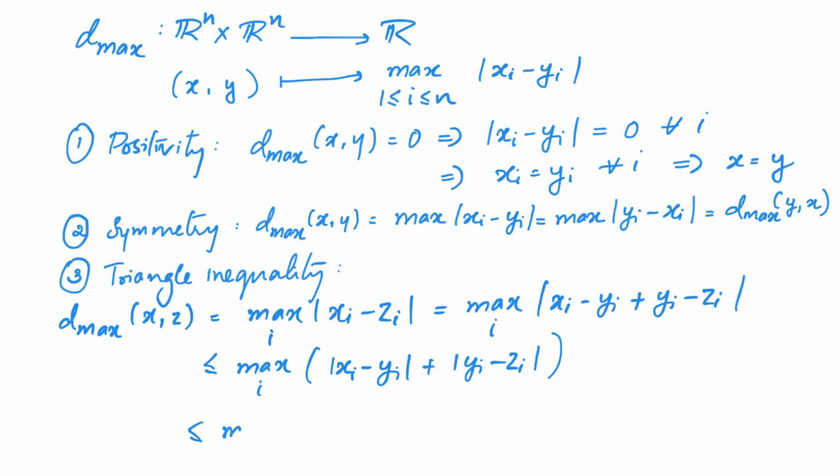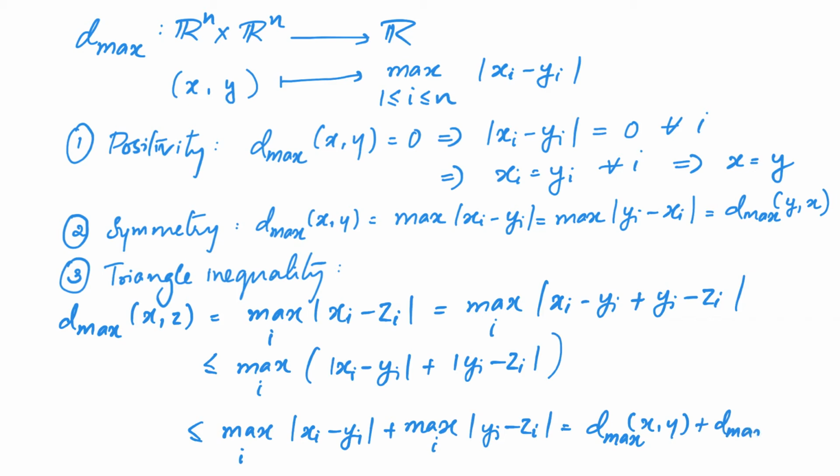Notice that if you take the maximum of |xi − yi| and the maximum of |yi − zi| and sum them, this will be greater than or equal to |xi − yi| + |yi − zi|. Thus, the maximum of |xi − yi| plus the maximum of |yi − zi| will be greater than or equal to the maximum of |xi − yi| + |yi − zi|. But the maximum of |xi − yi| is the distance between x and y, and the maximum of |yi − zi| is the distance between y and z.